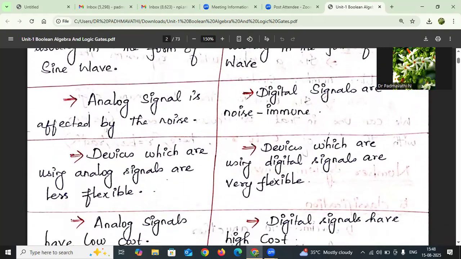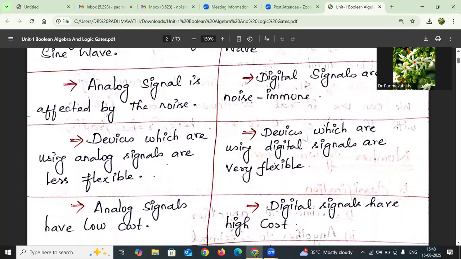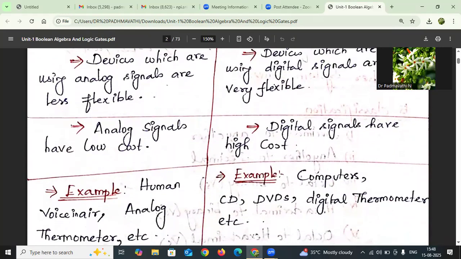The devices which use analog signals are less flexible, but the devices which use digital signals are very flexible. Why is it so? Because noise is very high in the case of analog signals, so we use filters, attenuators, and high pass or low pass filters along with the analog devices, and then we can't easily reconfigure the devices.